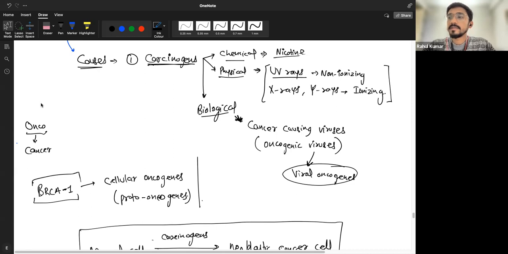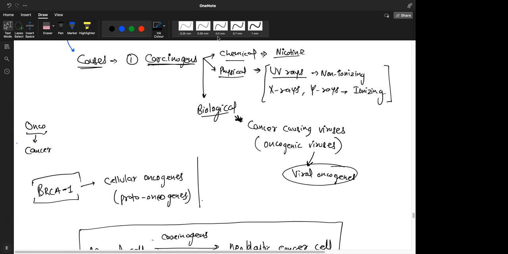Non-ionizing radiations include UV, microwaves, radio waves, infrared, and visible light. And ionizing radiations are very high energy rays which have enough energy to remove electrons from atoms. Now you can understand how much energy that is. Make sense, everyone? So that's ionizing and non-ionizing. Yeah, continue, Alia.